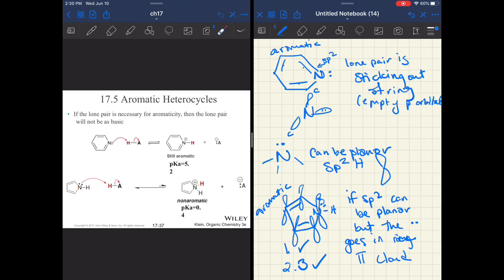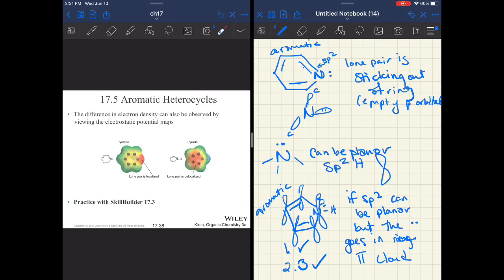Well, when we compare the two, you can take this and make a bond, and you still have an aromatic product. However, if the lone pair was what was making it aromatic, and you take that away, then you're making something non-aromatic. Aromaticity is always desirable. So to say that this one is more basic has everything to do with the fact that the product will maintain aromaticity.